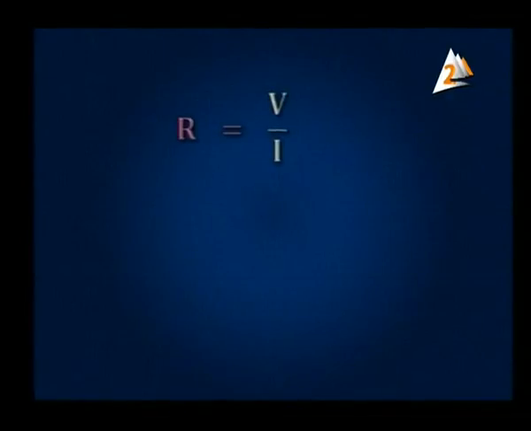So here R equals V divided by I. I need to write the rule. Don't forget the rule. The second step: 6 volts divided by 0.5 ampere, so 6 divided by 0.5 equals 12 ohm.